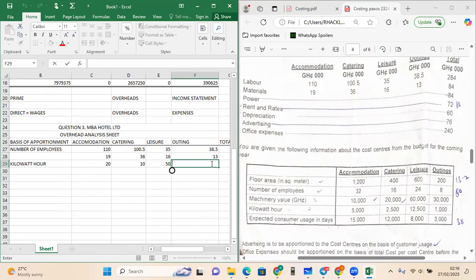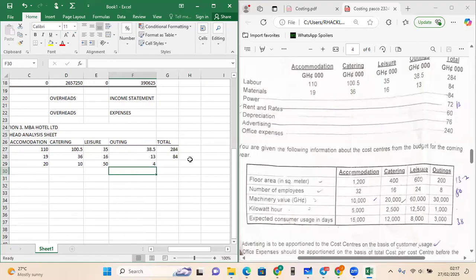Now the next one is going to be equal to the positive bracket again 1000 divided by 1000 times, and we get the total.